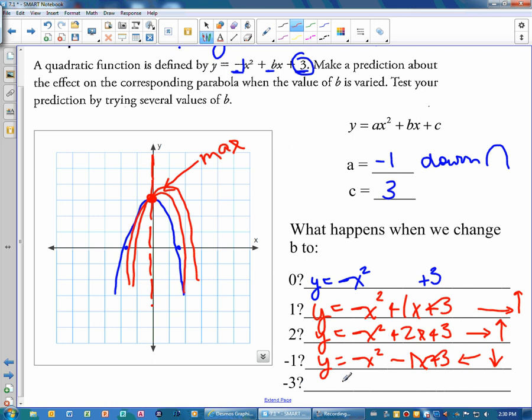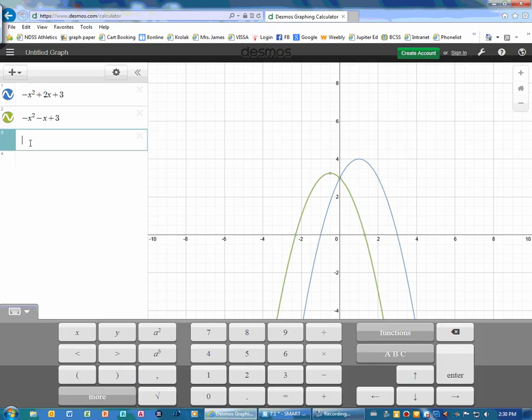And then if we change it to negative 3, so my final equation is y equals negative x squared minus 3x plus 3. Probably what you suspect will happen at this point. Let's do it again. Negative x squared minus 3x plus 3.